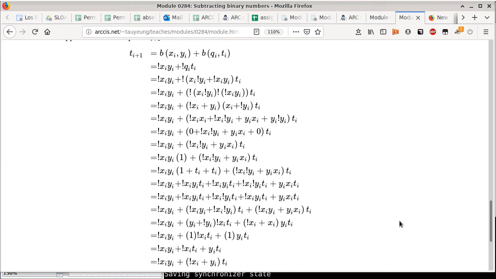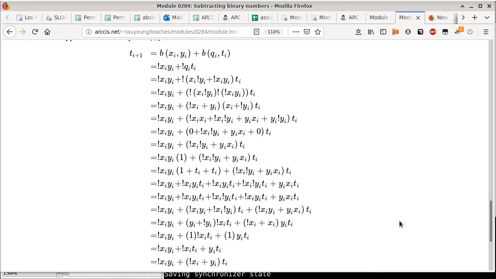It becomes this. From the fourth to the fifth, I apply De Morgan's law again, to this negation on the outside with this conjunction on the inside, and this negation on the outside with this conjunction on the inside. It turns each one into a disjunction and dissolves the negation.